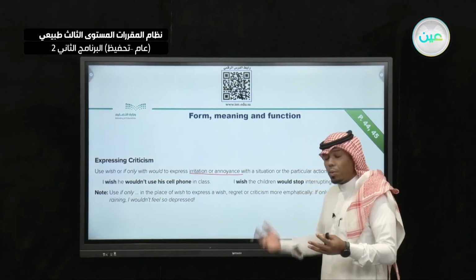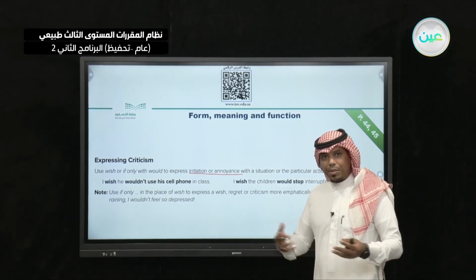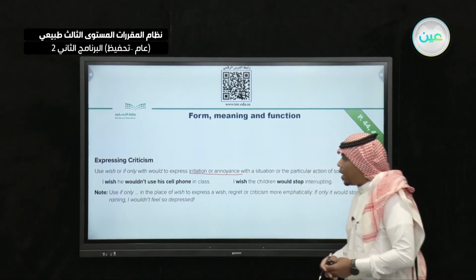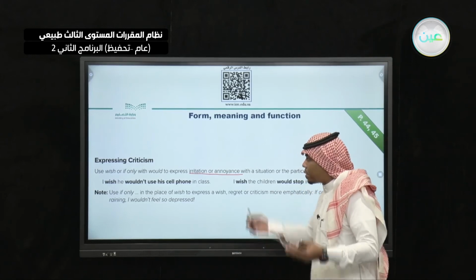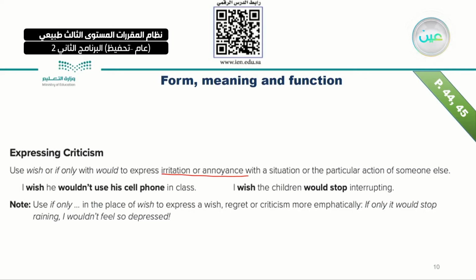If you are angry with something or you don't like things, you need to express or to criticize here. So use wish or if only with would to express irritation or annoyance with the situation or the particular action of someone else.